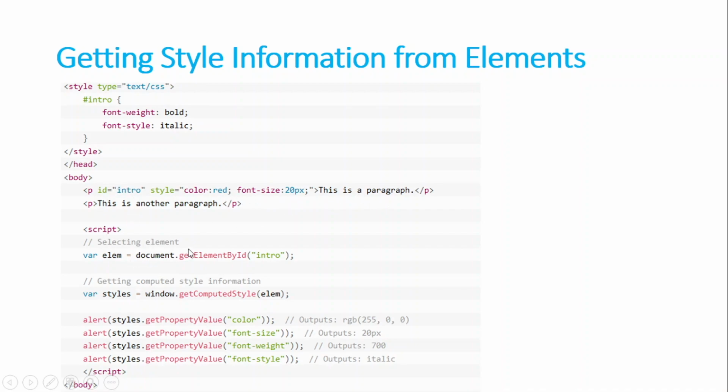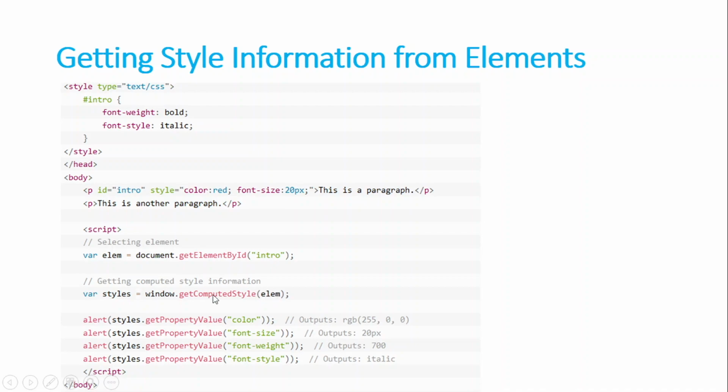Now we are getting this element and storing it into a variable called elm by using getElementById and specifying the id here. Now for getting the style information and storing it into a variable called styles, we are using the window.getComputedStyle method, and inside it we are specifying the element which we grabbed from this intro.